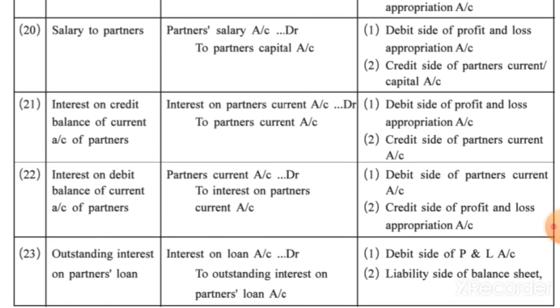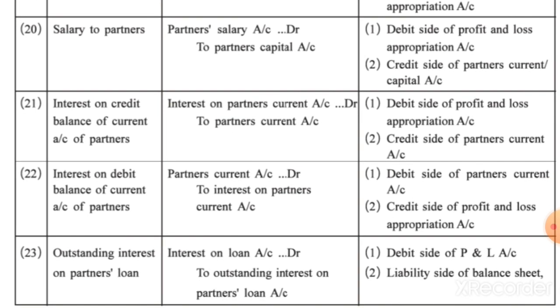Then afterwards, 23rd adjustment, that is outstanding interest on partner's loan. So that is the partner's loan. The partner has taken the loan, so the amount of interest is outstanding. So the journal entry, that would be interest on loan account debit to outstanding interest on partner's loan account credit. So first effect, that would be, it is considered as an expense because it is outstanding liability.